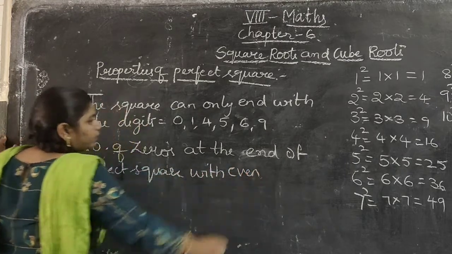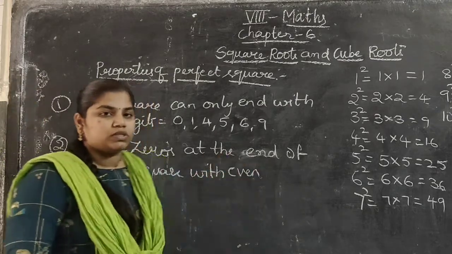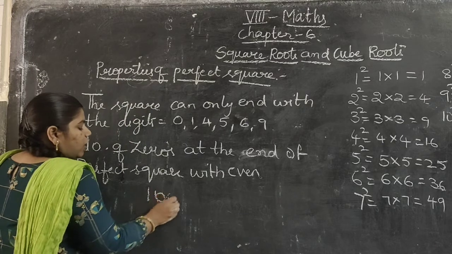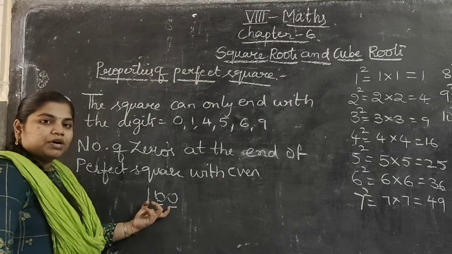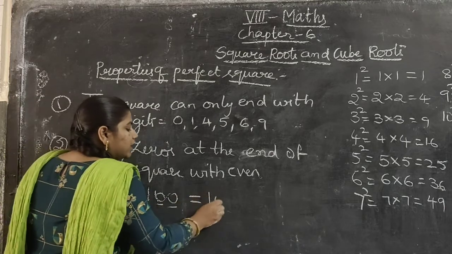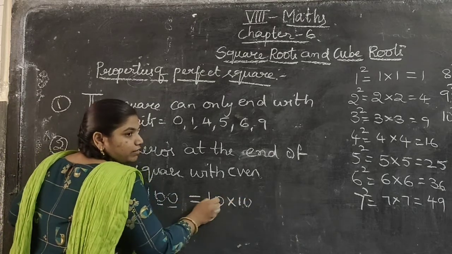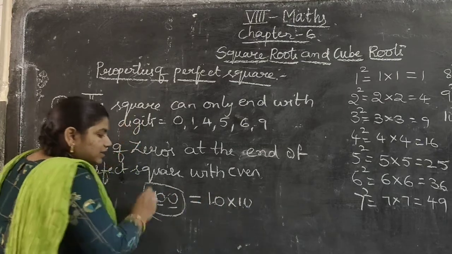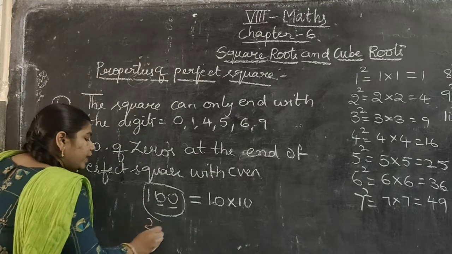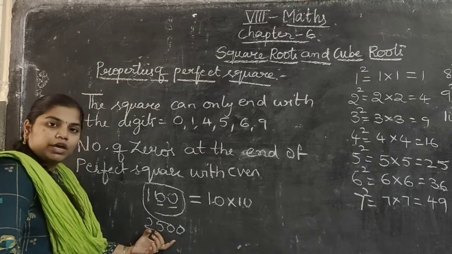That means for a perfect square number you will see an even number of zeros. Suppose 100. How many zeros are there? 2 zeros are there. 100 is a perfect square because you can write it as 10 into 10. The product of two equal factors is called a perfect square. So 100 we can call a perfect square. In the same way 2500 is also a perfect square.